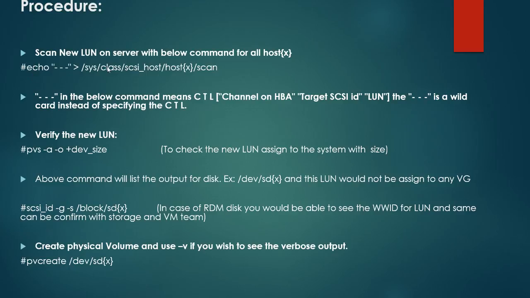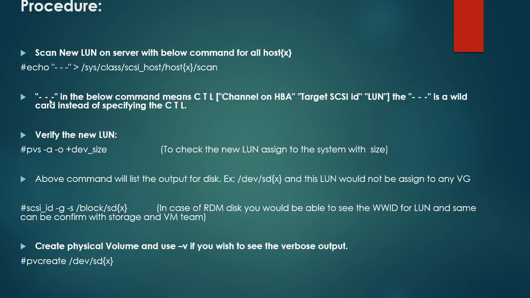The first command is echo "- - -" redirected to the path /sys/class/scsi_host/hostX/scan. X is nothing but your host number, since you may have multiple hosts you have to scan. Usually it would be like host0, host1, and host2.